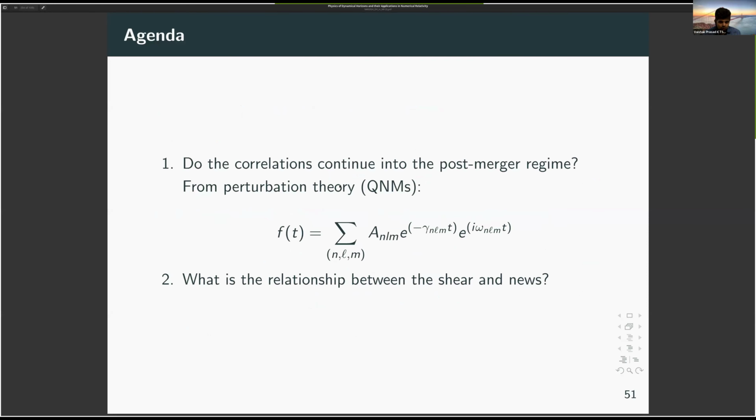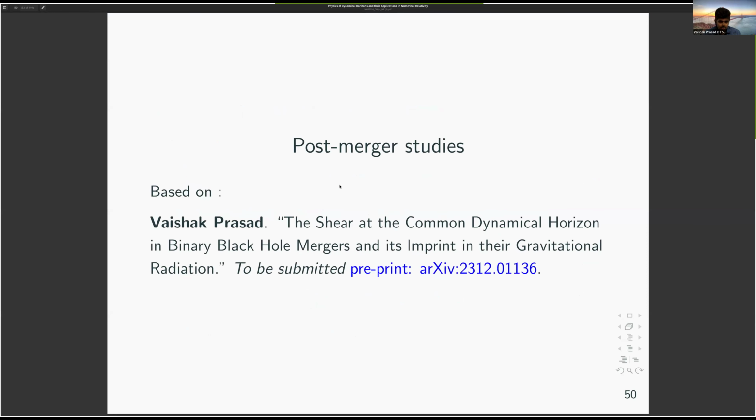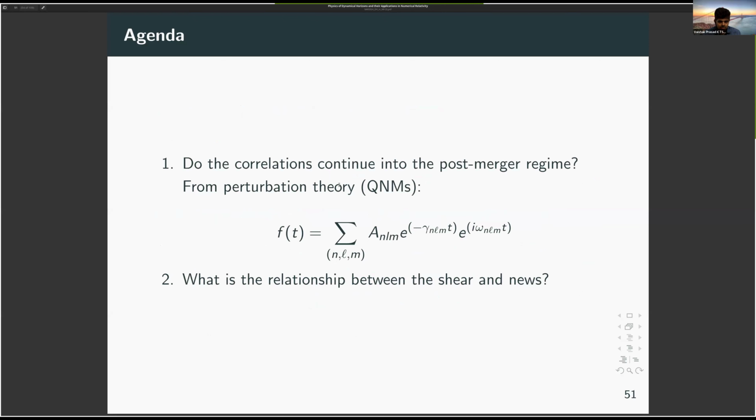And now I would like to also explain how this relation plays out in the post-merger phase of binary black hole mergers. And as you may all know from black hole perturbation theory, if you're trying to solve for linear perturbations of a black hole, then you have quasi-normal modes, you have damped sinusoids.